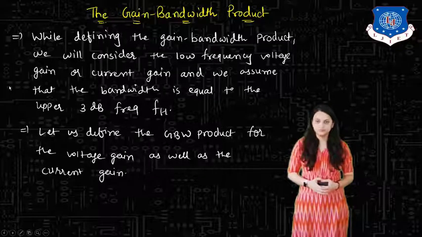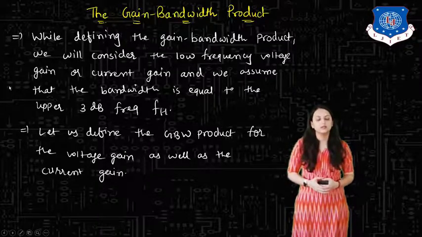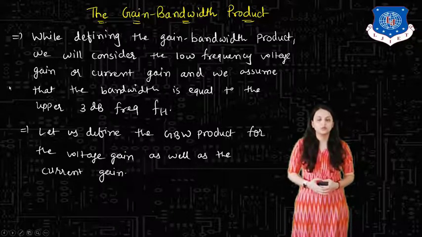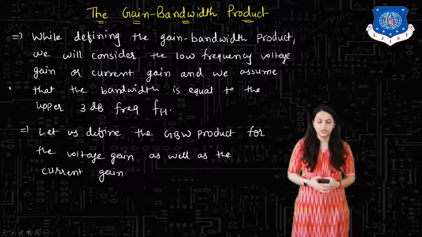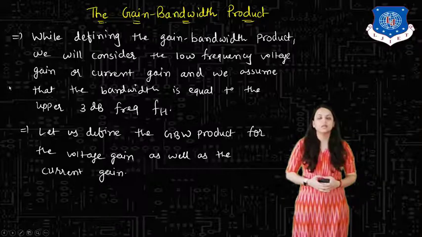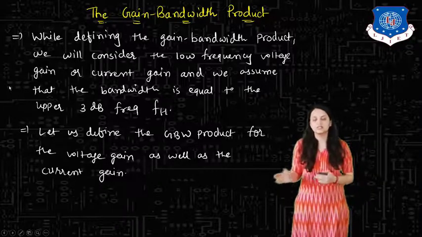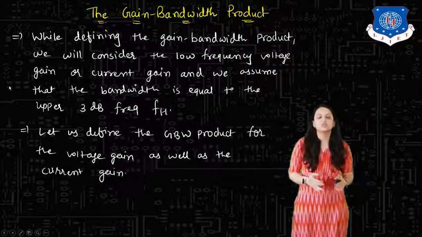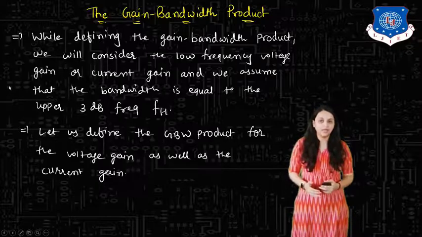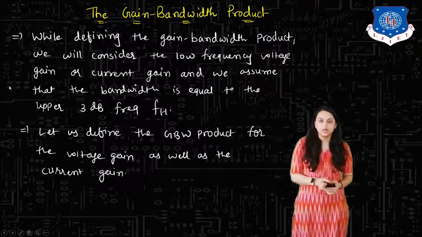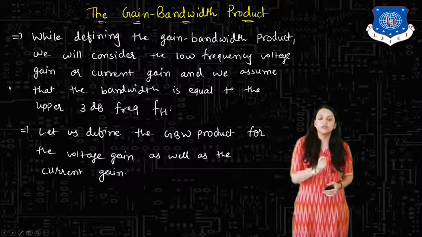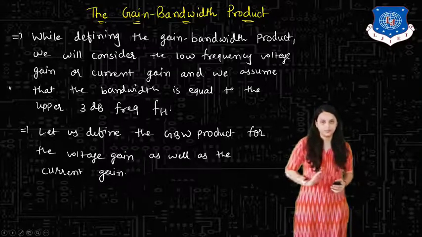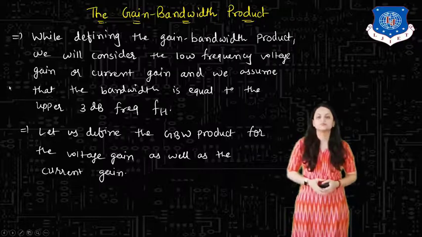Let us define the GBW product for the voltage gain as well as for the current gain. In short, remember that the gain bandwidth product is the measurement of bandwidth when the value of the gain is equal to 1.